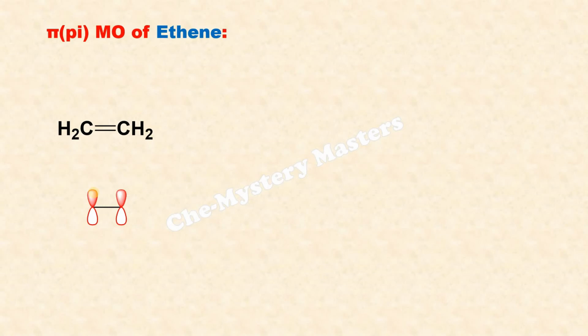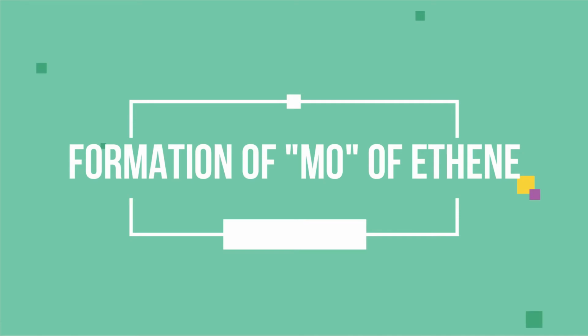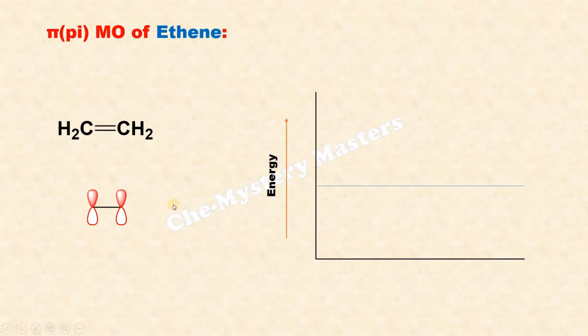Now we will discuss how these molecular orbitals in ethene are obtained from the two atomic orbitals of the respective carbons. For that you can consider this particular structure. For the first carbon, this particular lobe is there, and for the second carbon, the other lobe is there.